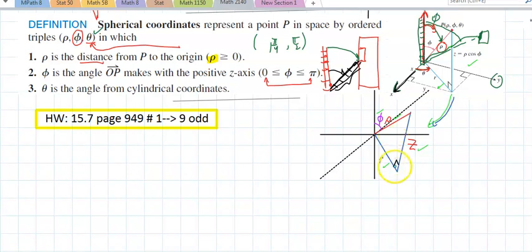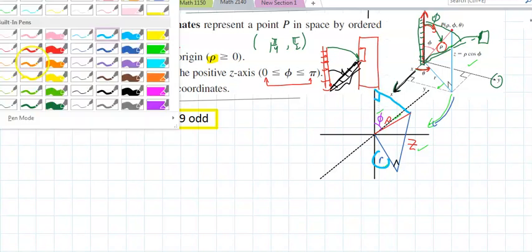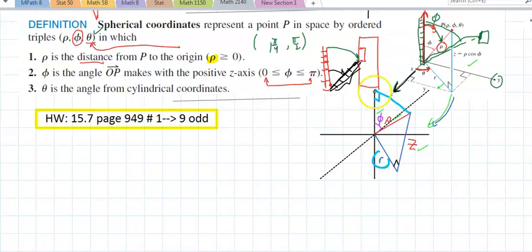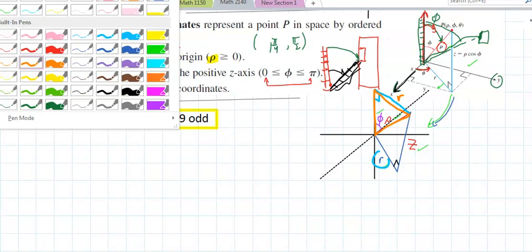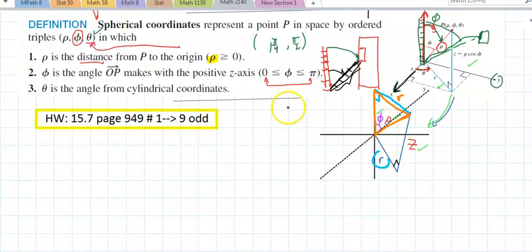If I take this R and mimic that right there, and if I look at this triangle, this is R. If I look at the angle phi, so I'm looking at something like this. It doesn't look as pretty, but it's okay, it'll do the job.